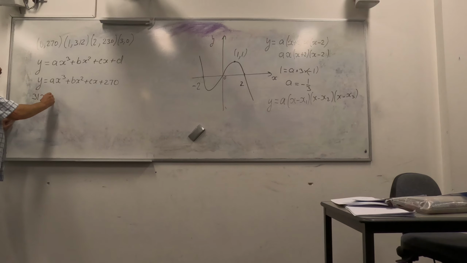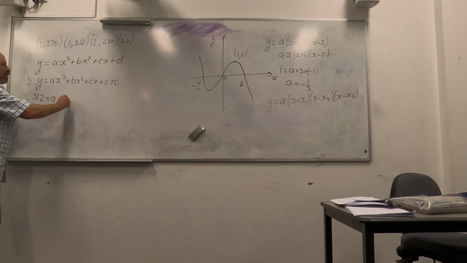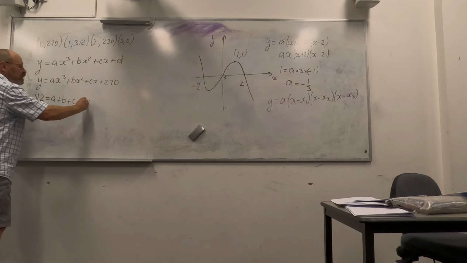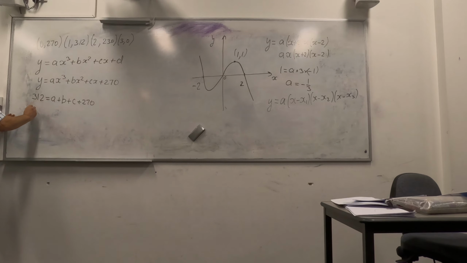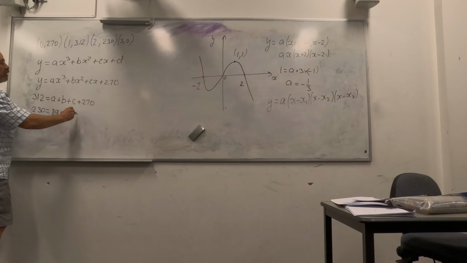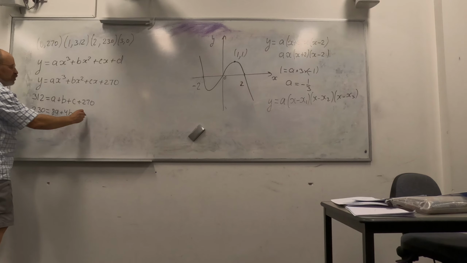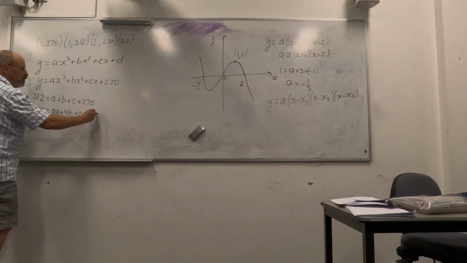Substituting the first point, 312 equals A plus B plus C plus 270. Substituting the second point, 230 equals 8A plus 4B plus 2C plus 270.